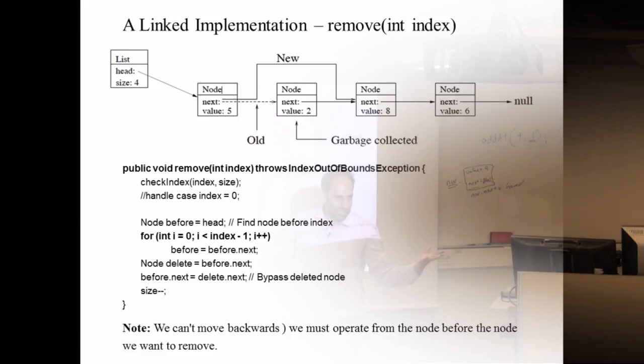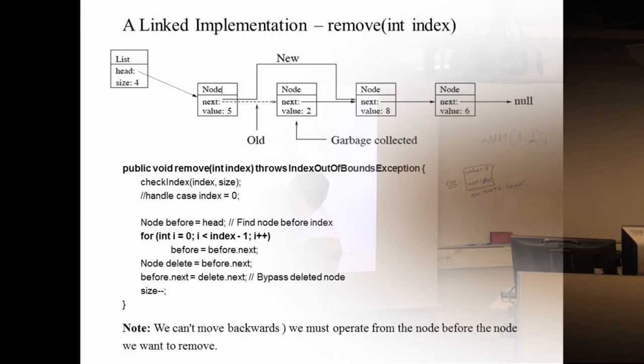If index is equal to 0, then you just point your head from your first node to the next node. But here, we need to find the before node, and we also want to find the node that we want to delete.